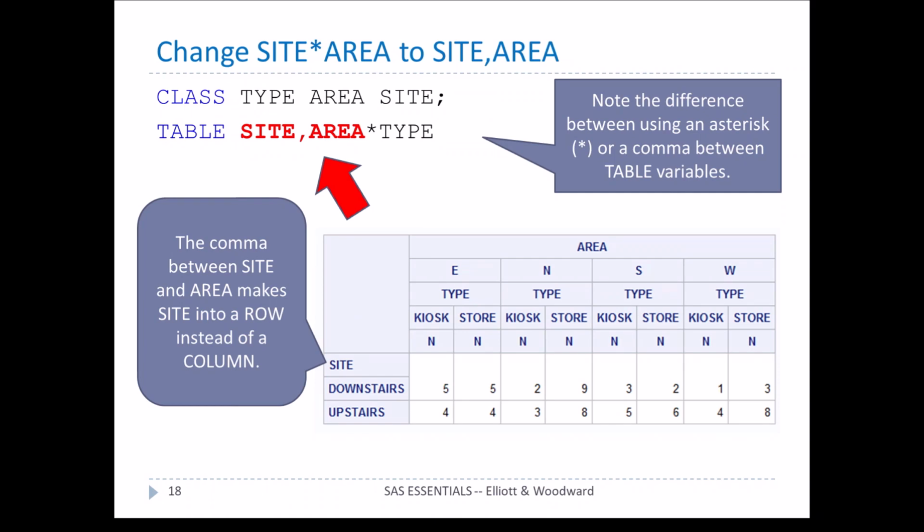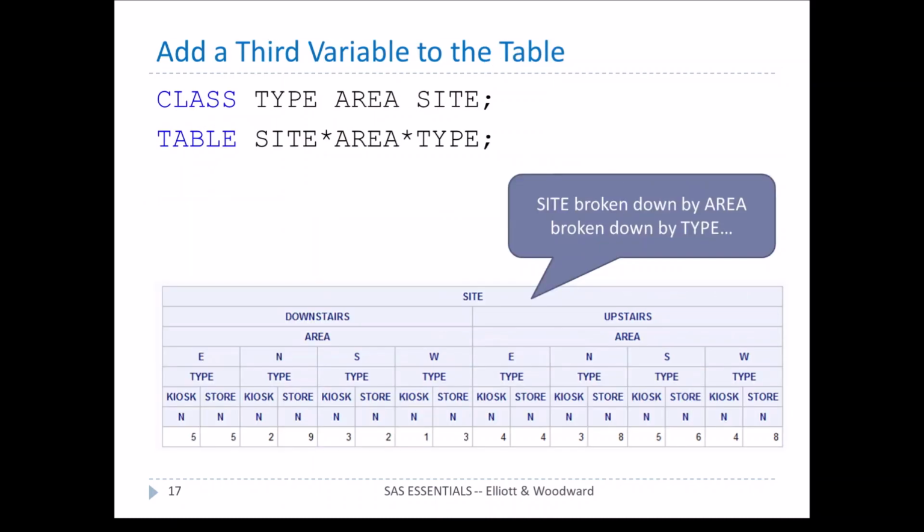All right, let's change site by area to site comma area. I mentioned earlier that the comma has a special meaning. So if we change that asterisk, which meant by, to a comma, we say TABLE site comma area by type. And notice here we get a different table. So I'm going to back up and show you the table we got originally.